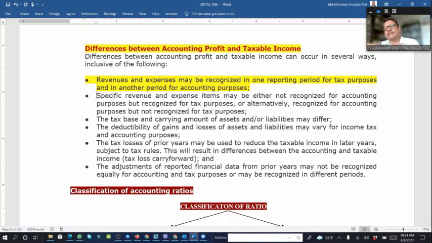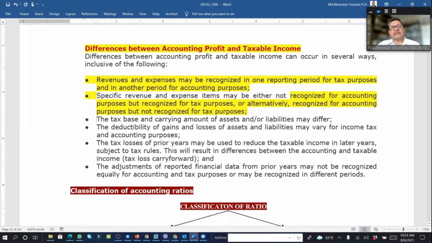We will discuss the deferred tax as per International Accounting Standard 12, and we will take some math also. So that's why here is the difference between accounting profit and tax profit. A specific revenue and expense item may be either not recognized for accounting purpose but recognized for tax purpose.